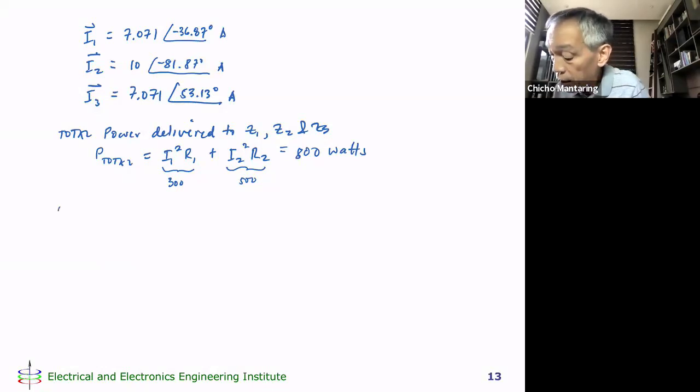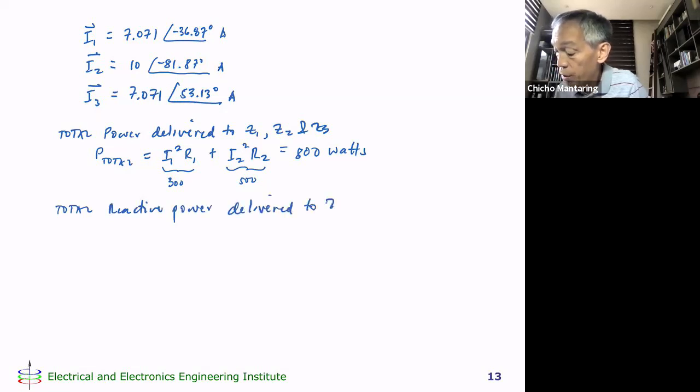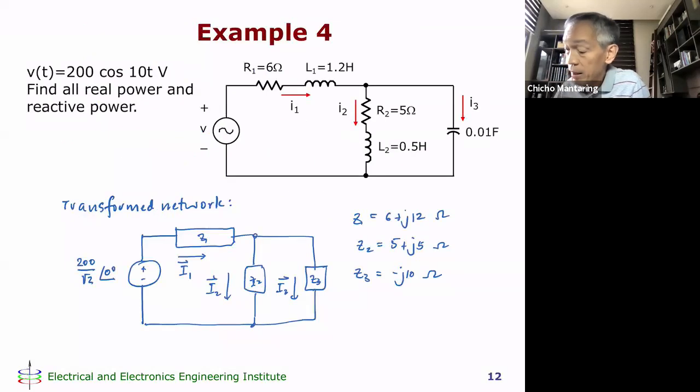Okay, the total reactive power delivered to Z1, Z2, and Z3, let me call that Q total. The total reactive power delivered to Z1 should be the RMS value of I1 squared times, not 1.2, times 12.